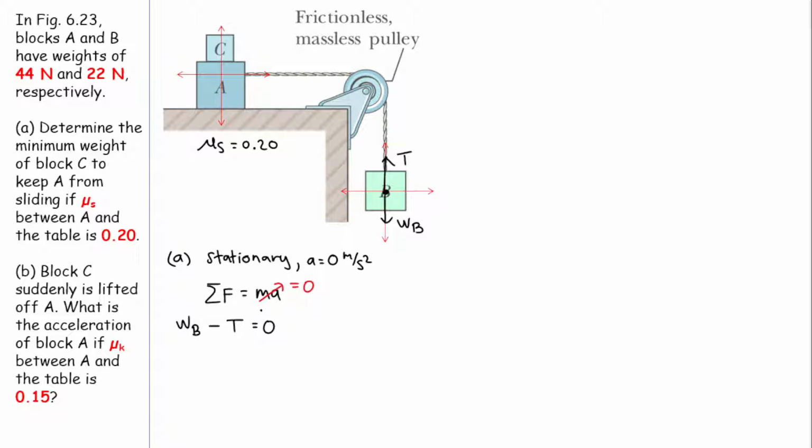Or we can isolate for T here. T is equal to weight of B, that is mass of B times g. Oh, we are already given the weight of B, which is 22 Newton. So I have T here is 22 Newton. We don't need to find mass times gravity. Okay, now we have our T here.